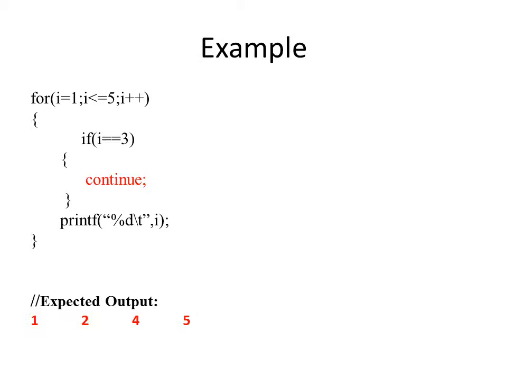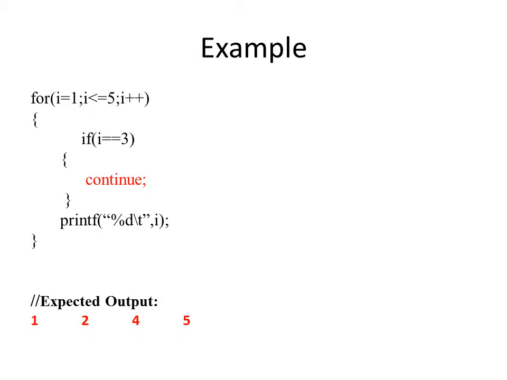Now again, the if condition is false for the value 4, so the continue statement is skipped, as the condition is false over here. The control transfers towards the printf, and hence we get the output as 4, and the output 3 is not going to be printed at the end of execution of this program, just because of the continue statement.